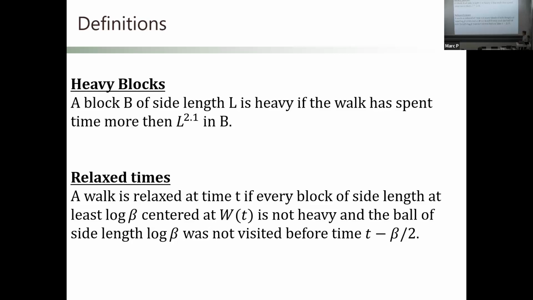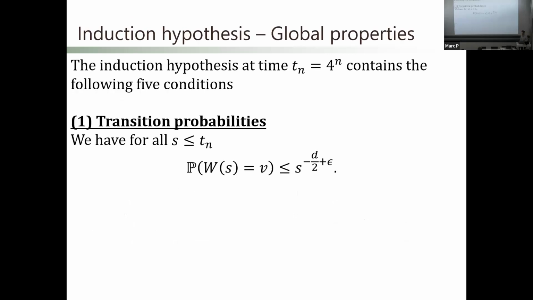Okay, and now we want the same to be true for cyclic walks. So the most important inductive hypothesis for us is about transition probabilities. The probability that the cyclic walk ends up at a particular vertex at time s should be at most s to the minus d over 2 plus epsilon.